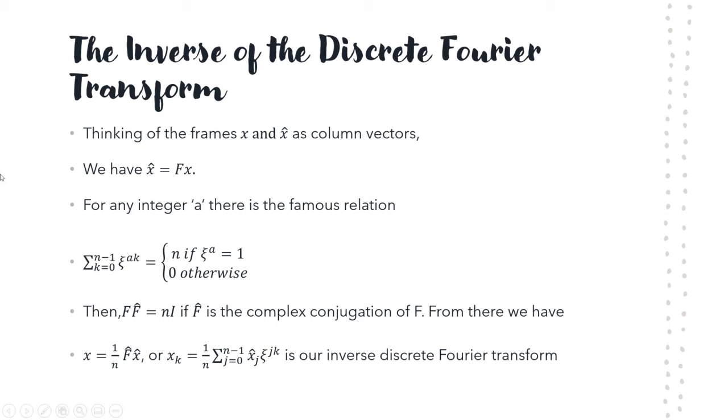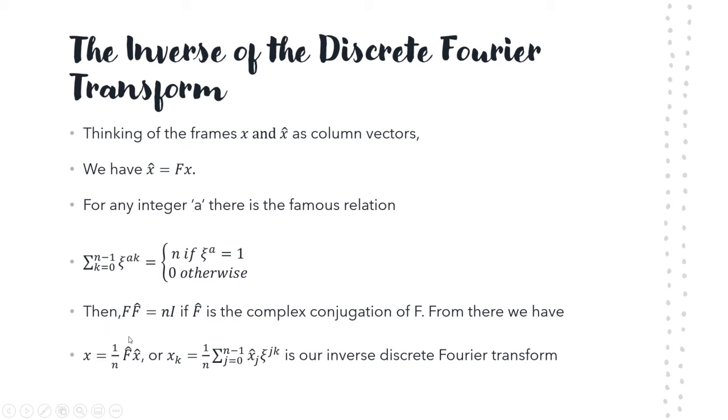So we have a function that takes x and returns x hat. This function here is our discrete Fourier transform. And we said that for any integer a, we have the summation equals n if x to the power of a equals 1, and otherwise it equals 0.